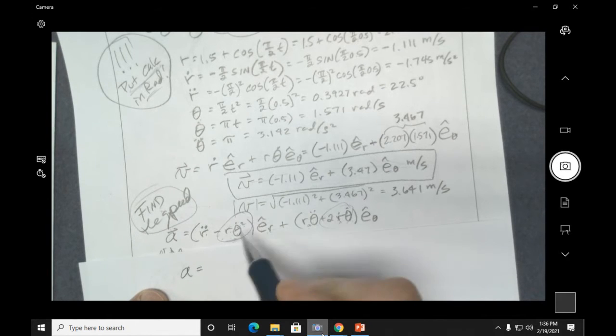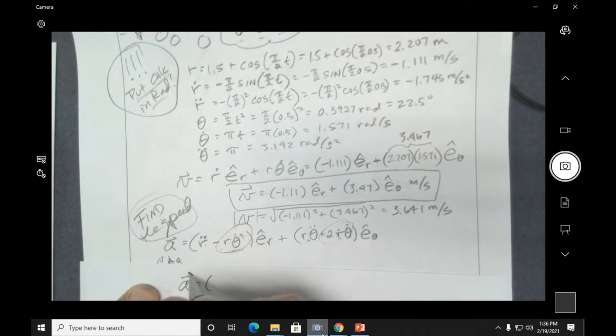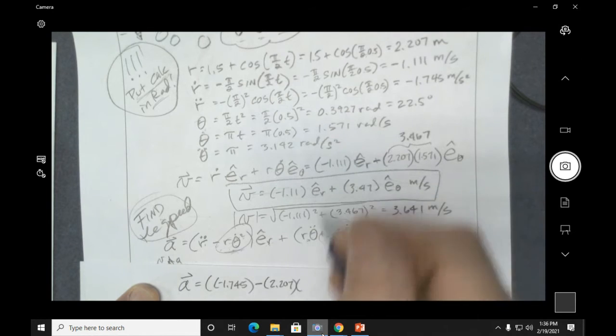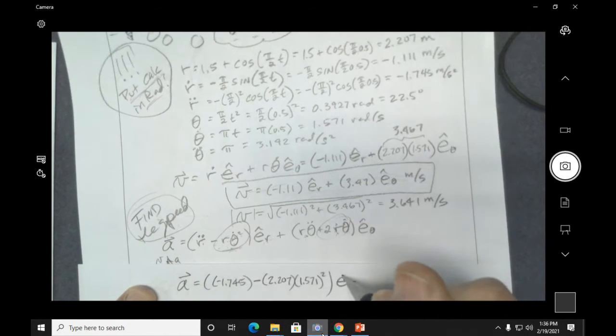So if we plug all these things in here that we have for the r, we take the r double dot, and that's going to be negative 1.745 minus, now we take the r, 2.207, take the theta dot, 1.571 squared, that's e r.